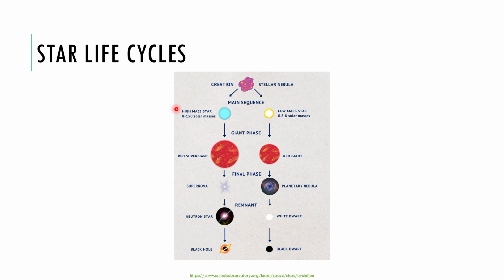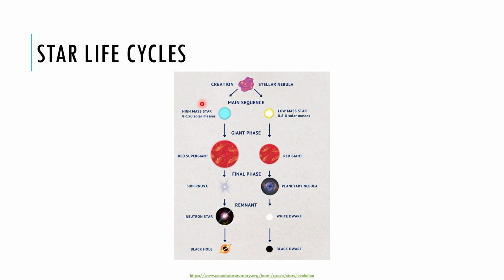For high mass main sequence stars, at the end of their life cycle, they undergo a similar process to the low mass stars. There's a larger than normal release of energy, forming what we call a red supergiant. It's similar to a red giant, but because we started with more mass, these guys become quite a lot bigger. And so all of this matter is expanding outwards and outwards.